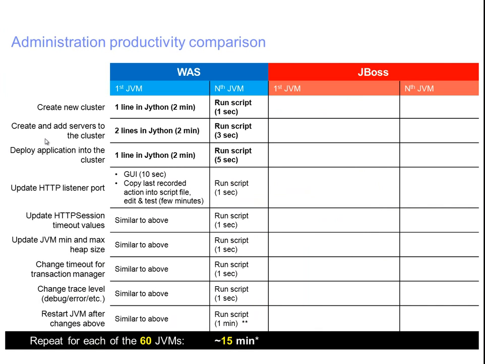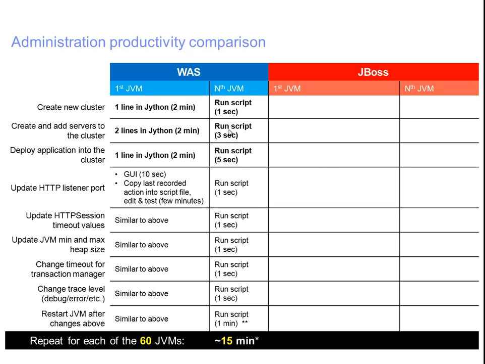So what we have here, we did do other tasks at the bottom of this table in the previous demonstration: updating HTTP listener ports, JVM parameters, HTTP session timeout, and so forth. Now we did these 3 tasks, and as you have seen, for a single JVM, or in fact even for multiple JVMs, it takes a couple of lines in Jython to deploy the application, create the cluster, create servers.